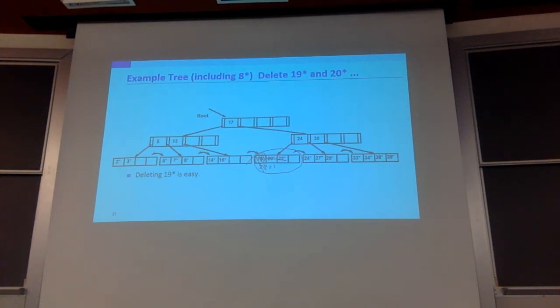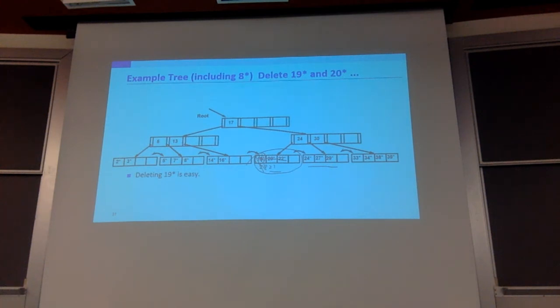The way you do that is you look at the next page, and you find that the total number of data entries here is greater than or equal to the capacity of your page. That means if you evenly distribute the data entries between these two pages, each of them is going to be half occupied.